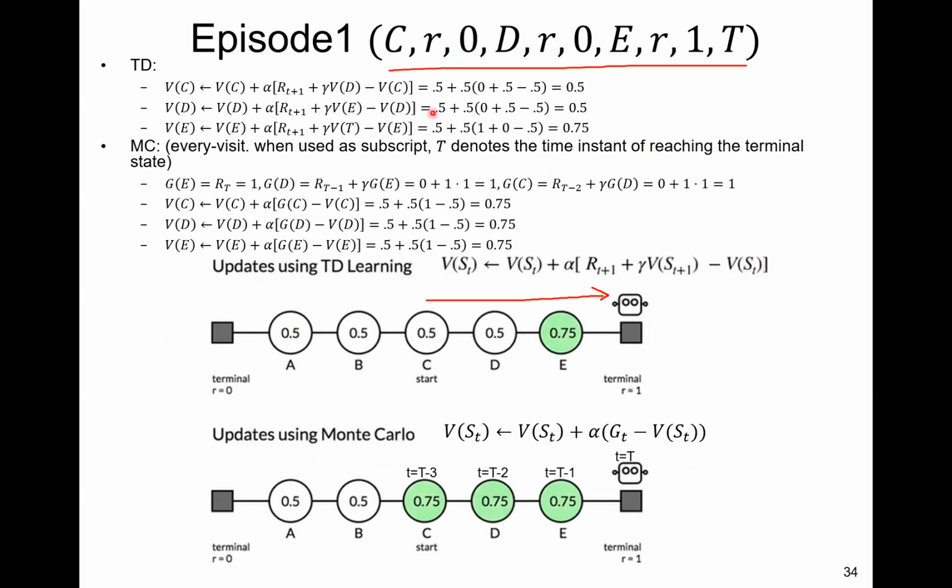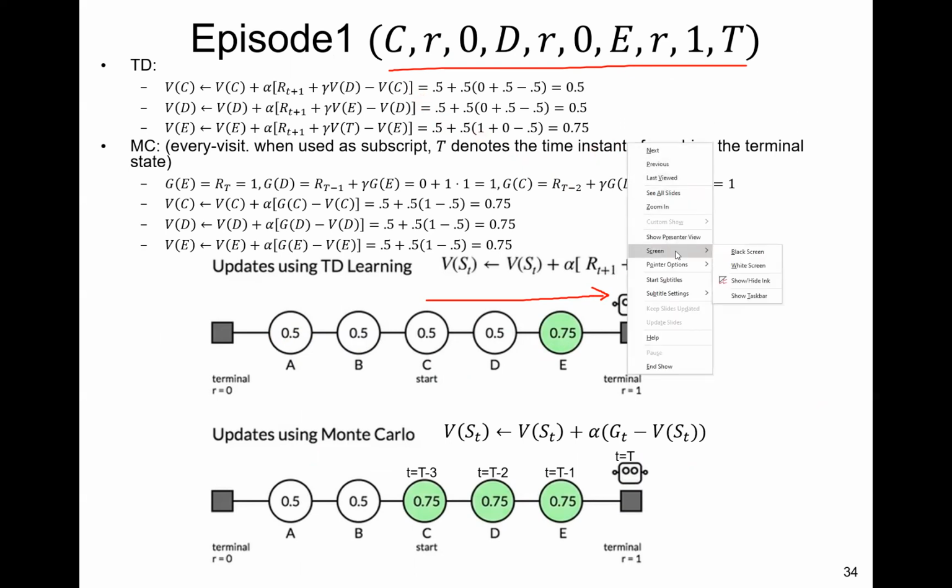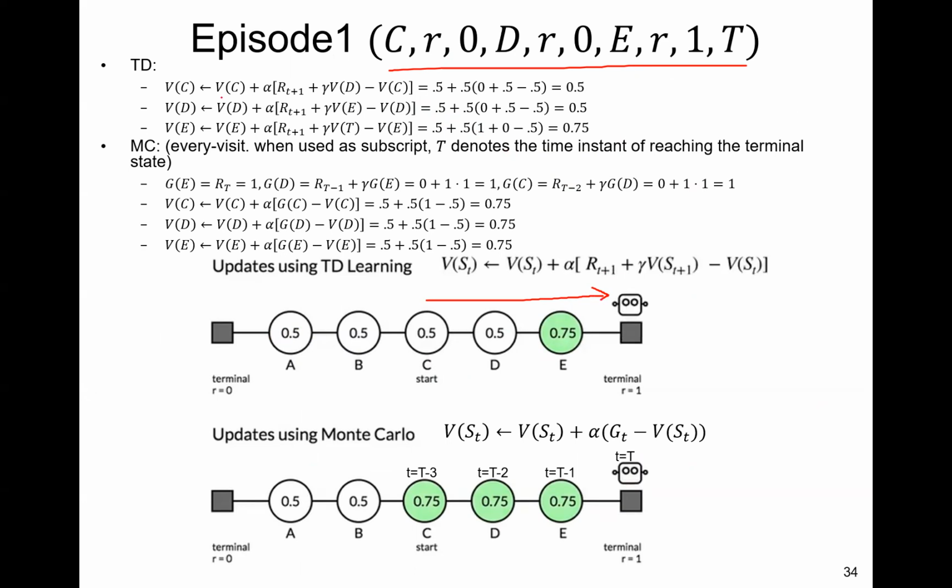So for TD, you update the value of C from the value of D. So you're bootstrapping. Similarly, you're bootstrapping from V(E) to V(D), from V(T) to V(E).